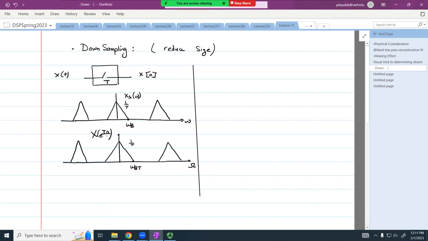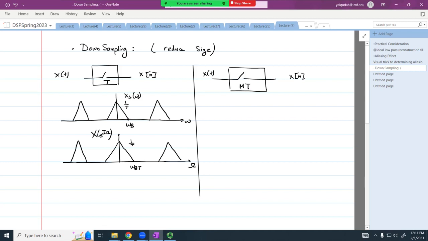So this is what we know. Now what happens if I came to this signal and instead of sampling it every T seconds, I sampled it every M multiplied by T seconds, assuming M is greater than 1? What am I doing?